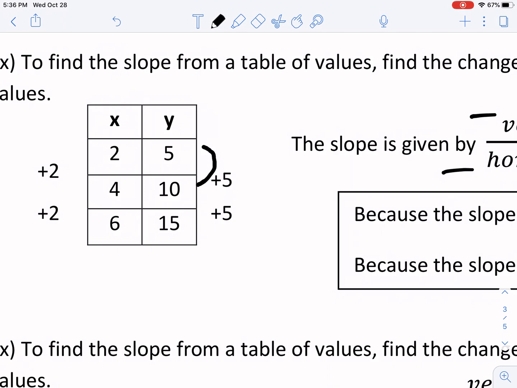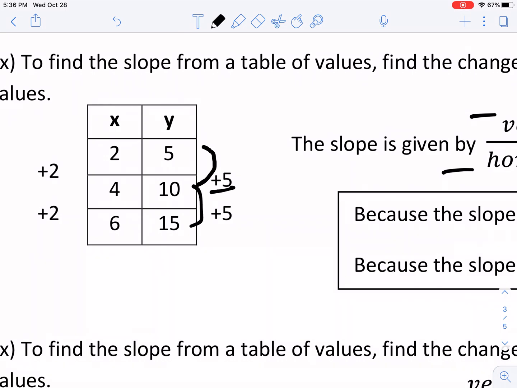From 5 to 10, I'd have to add 5. Same thing here, I'd have to add 5 to get to 15. So the change in y is going up by a positive 5 each time. If we continued, the next one would be 20, since 15 plus 5 is 20.